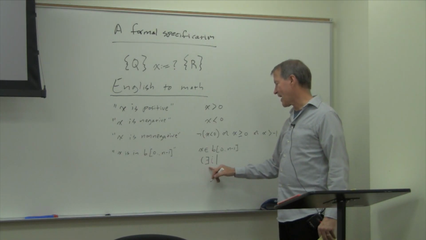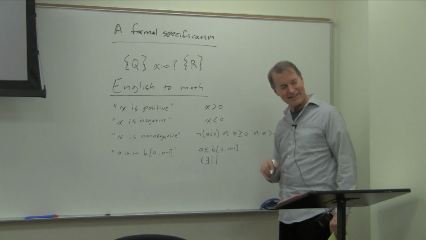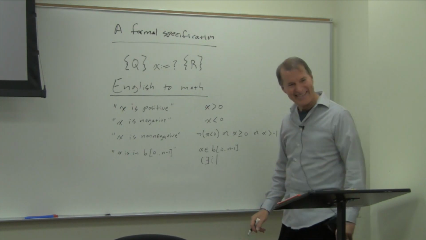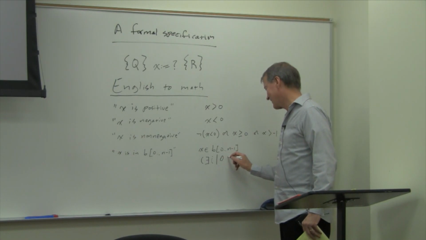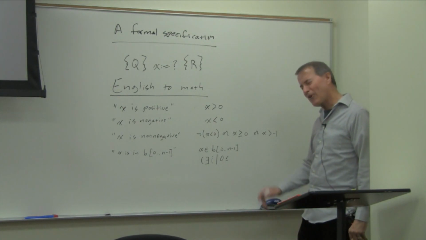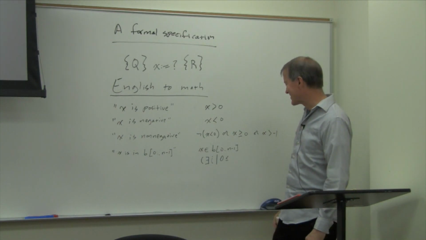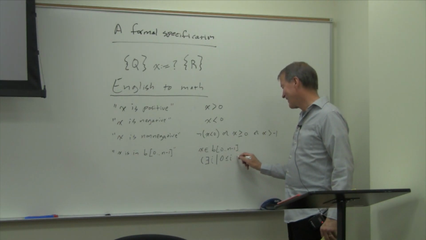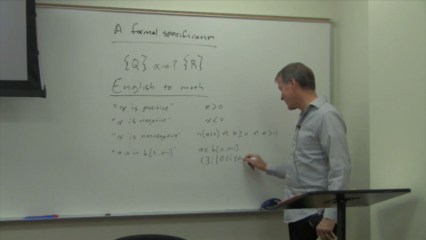So there exists an i, range what? 0 is less than or equal to i, which is less than or equal to n minus 1.